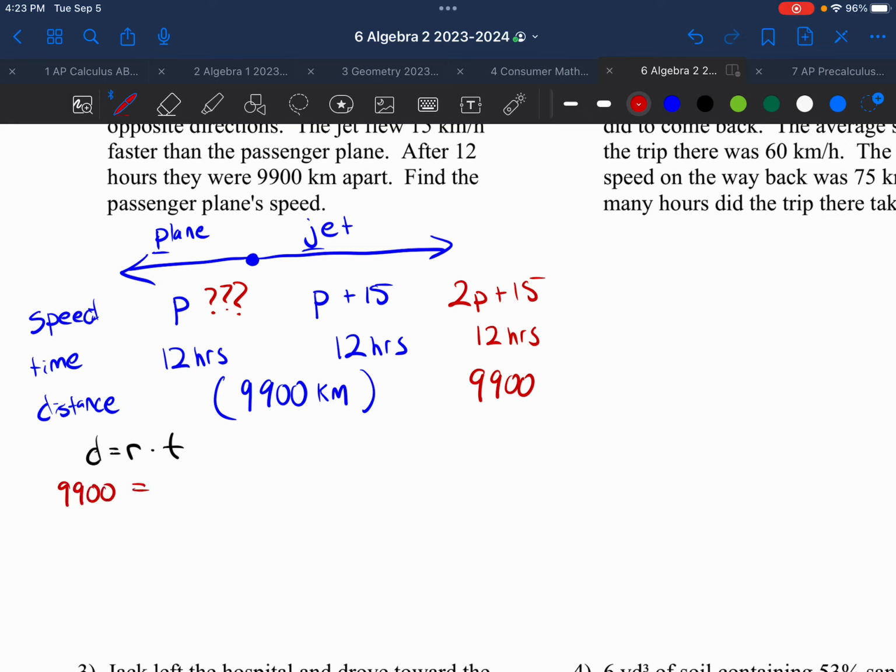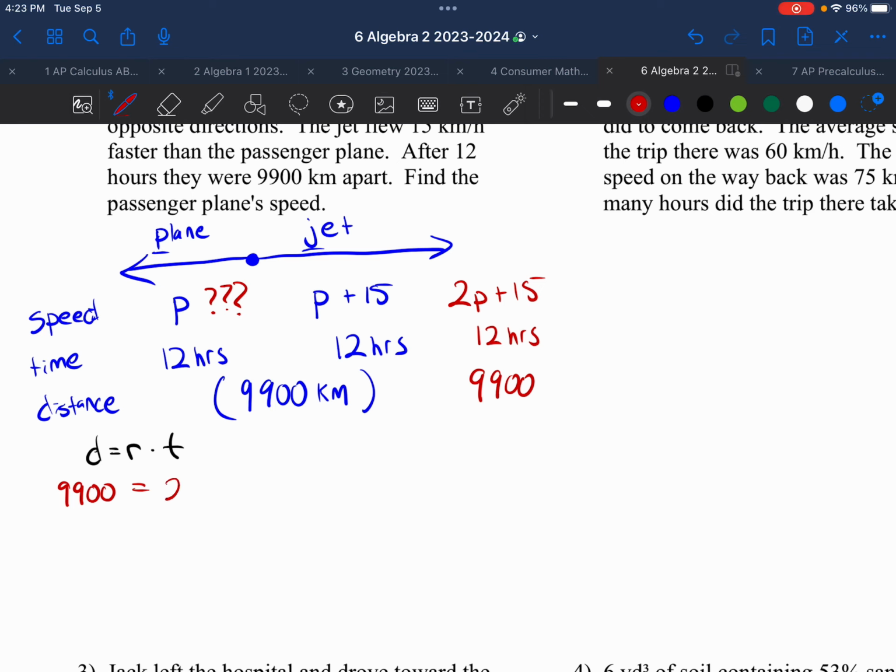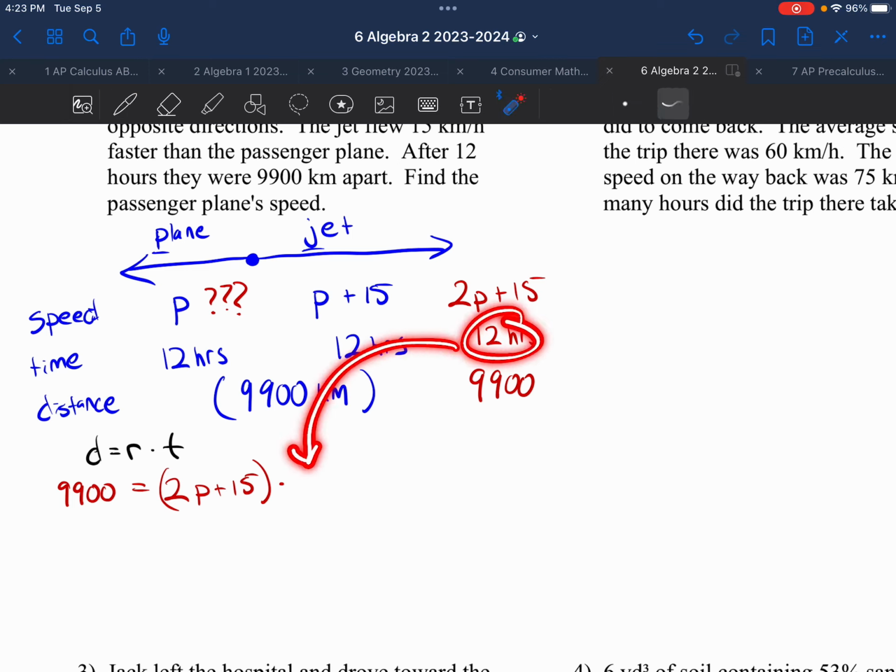Our speed is now 2P plus 15, so that comes down for our rate, multiplied by the time, which is 12 hours. And we solve for P. Again, if we solve for P, we're done. The hardest part about this is setting up the equation by adding on both of these directions at the same time.